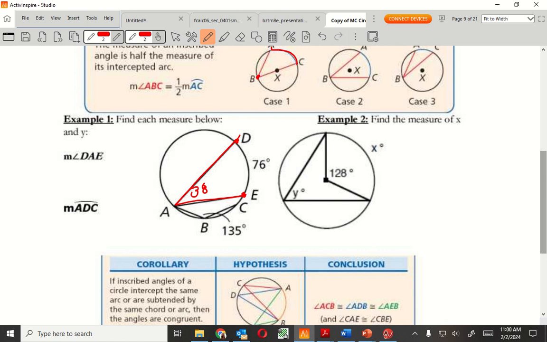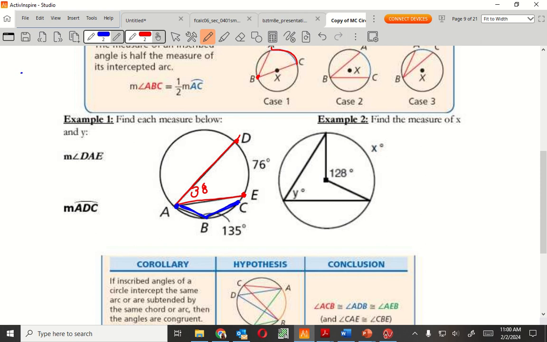Now, I'm going to change colors on this one. For the next one, see this right here? My two endpoints are here and here. And it says this angle here at B is going to be 135. B is the inscribed angle.